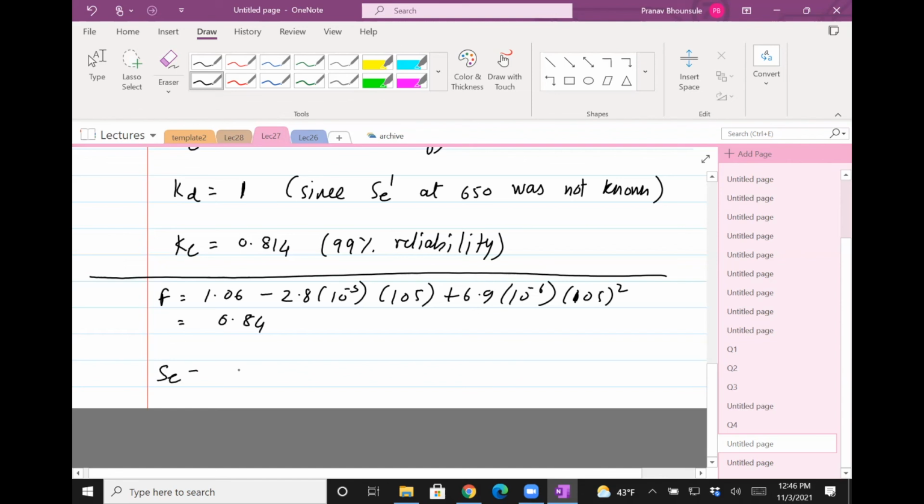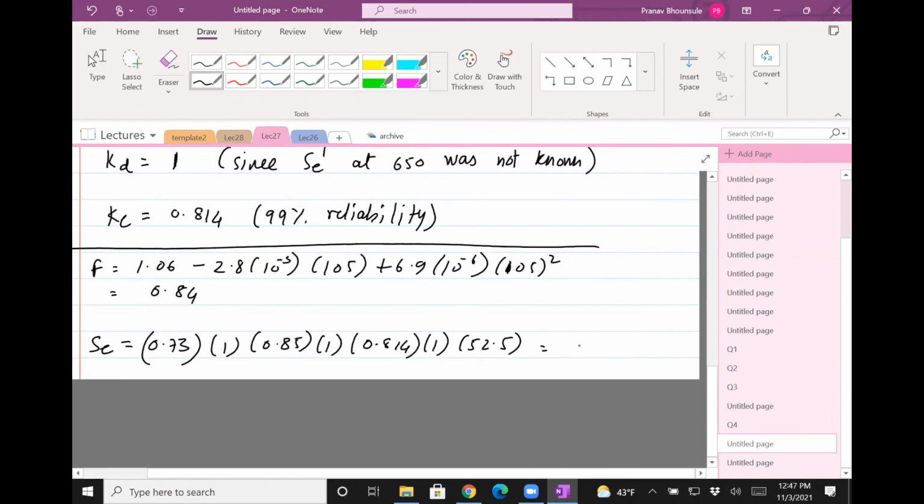And SC is Ka, Kb, and so on. I'm just going to put all the factors now: 0.73, Kb is 1, Kc is 0.85, Kd is 1, Ke is 0.814, Kf is 1, and then the endurance limit is 52.5. So this comes out to be 26.5 kpsi. Okay, so that's the second set.